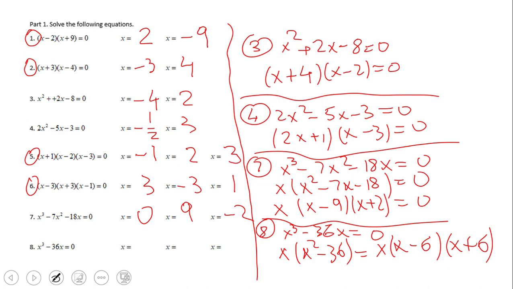So we end up with 0, 6, and -6. So this is part 1 where we have the solutions of these equations: the first 4 are quadratic equations, and the others we had better call polynomial equations.